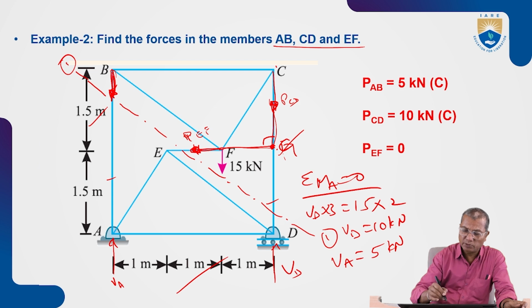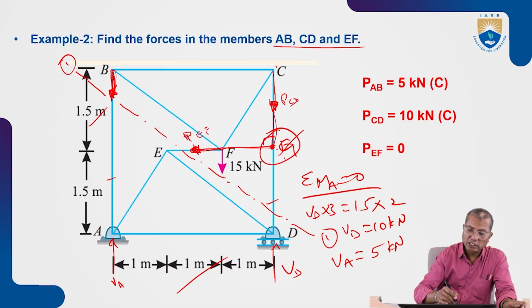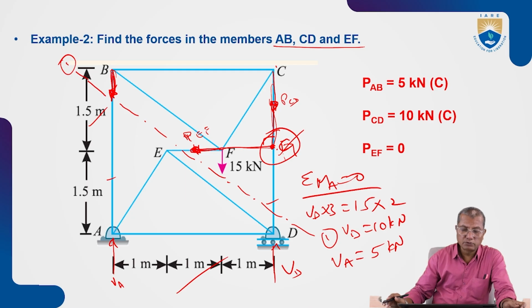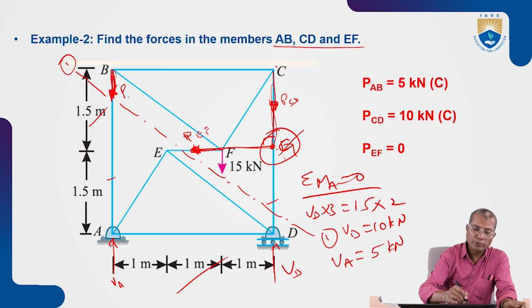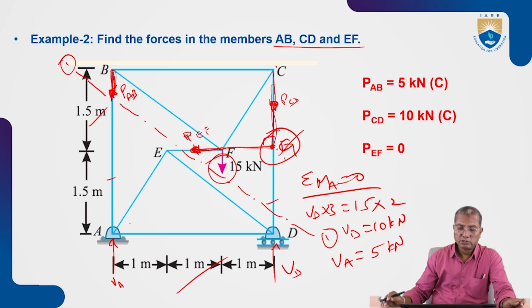Now take moments about G. By doing this, you can eliminate PCD and PEF, two of the forces, so you will have PAB and the 15 kilonewtons force.